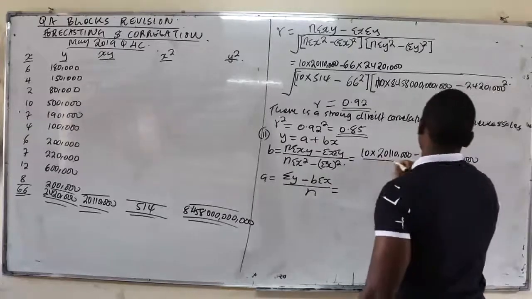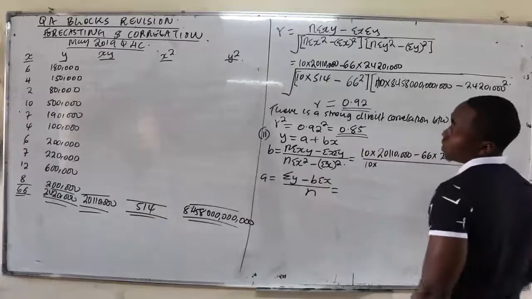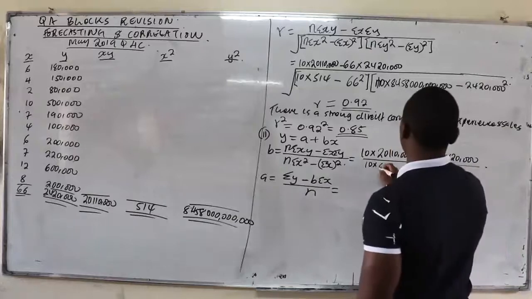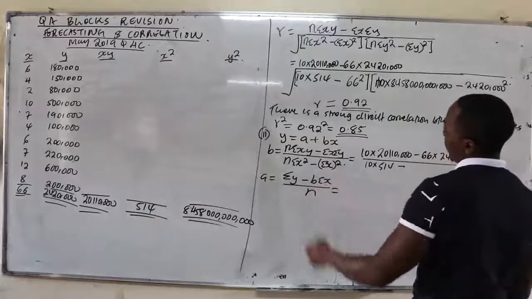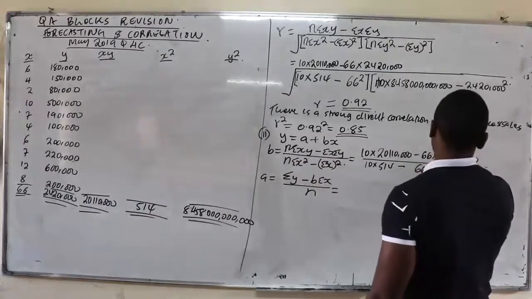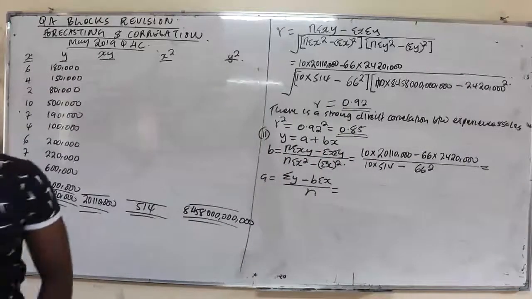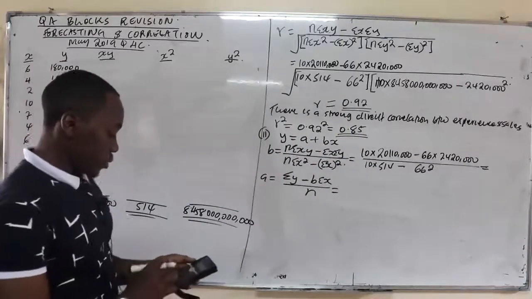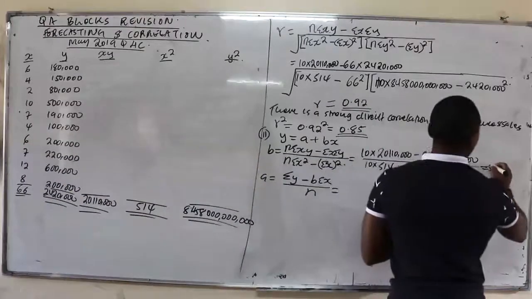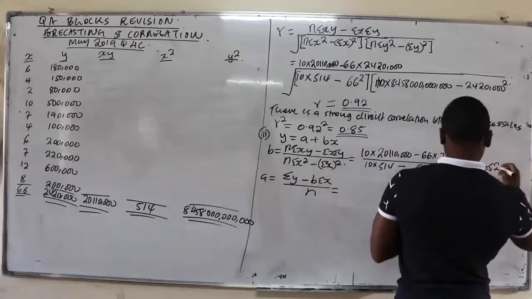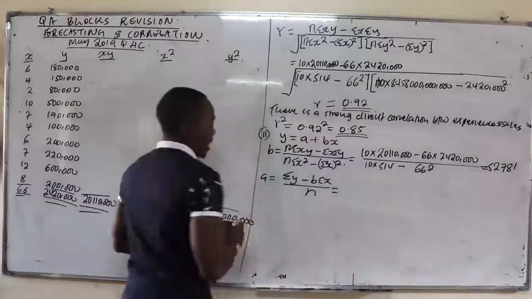And then you divide by n, which is 10, multiplied by summation of x squared, which was 514, minus summation of x squared, where summation of x was 66. So what do you get as your b? Shift number 2, then you press equals and you'll get 52,781.